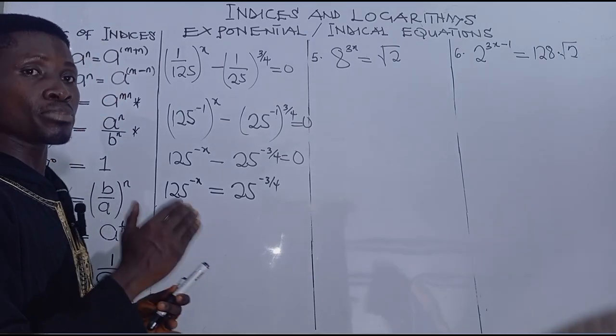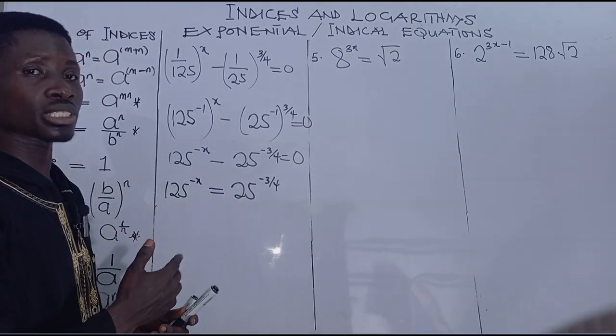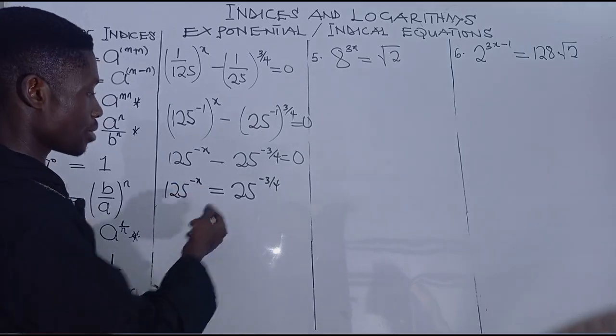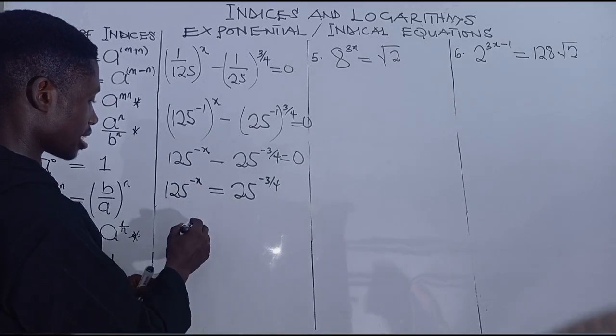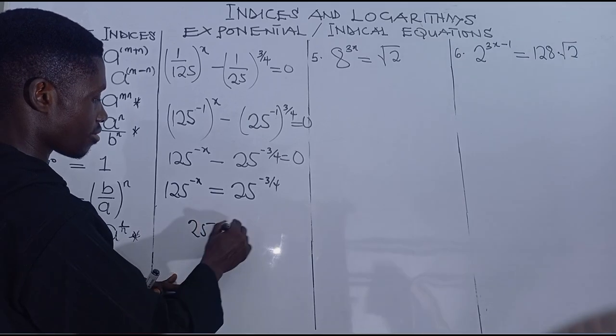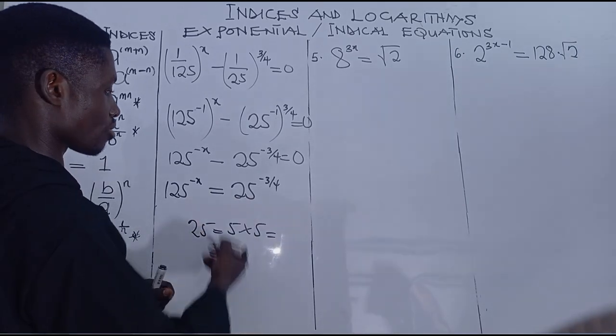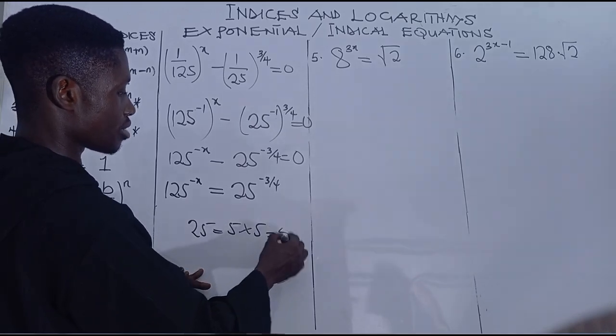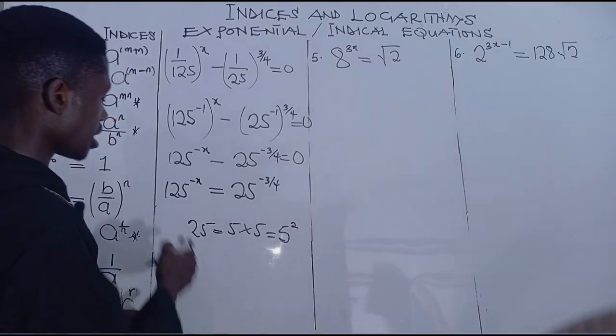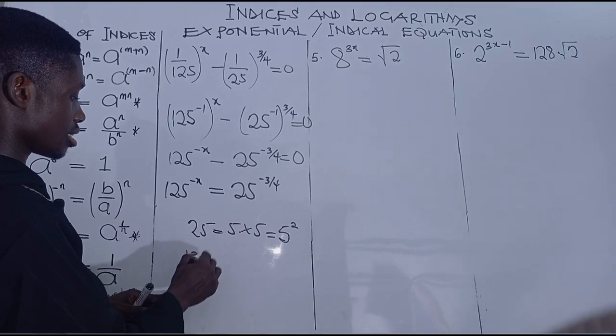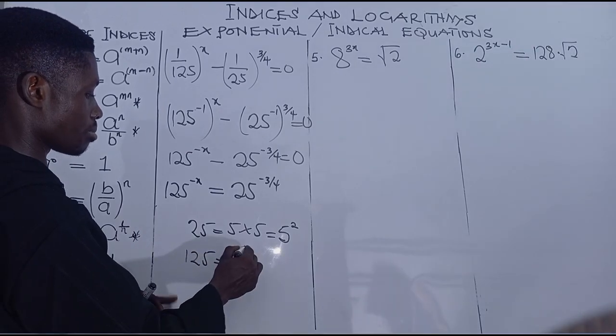Now I want the base on either side of the equal sign to be the same. And we know that 25 can be written as 5 times 5. And writing this in an index form with a base of 5, we are going to have 5 raised to the power 2. And 125 can be written as 5 raised to the power 3.